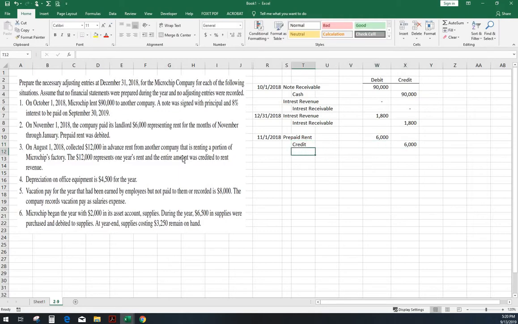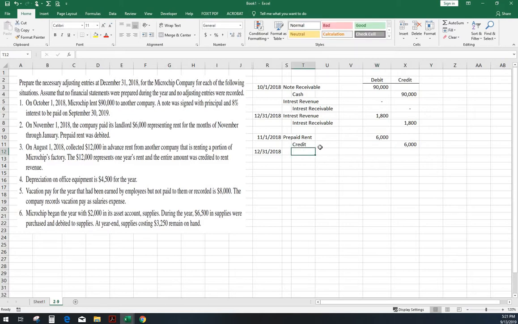All right. Now December 31st comes around, and we need to know how much of that rent we actually used. So we paid 6,000 for November through January, so we used November, and we used December, so that will be 4,000.